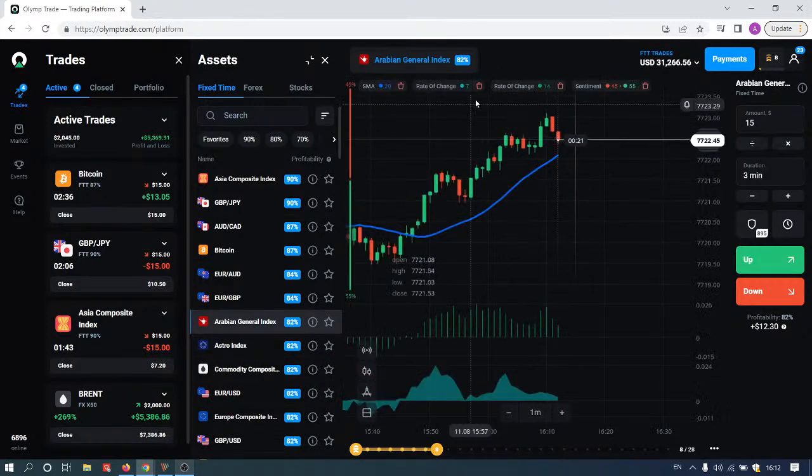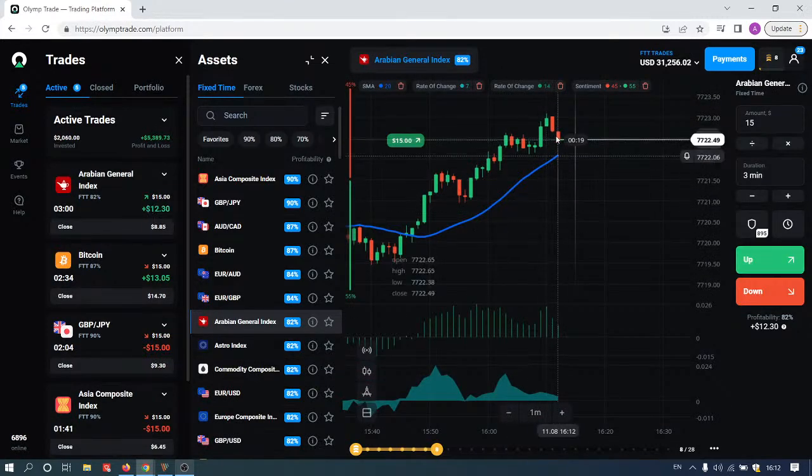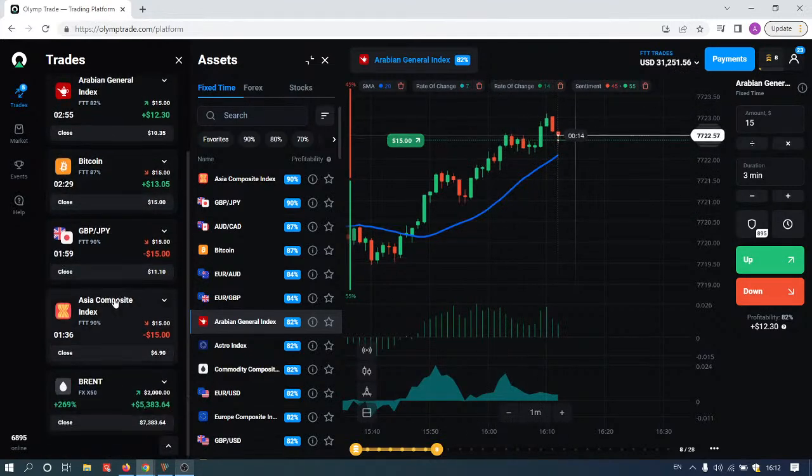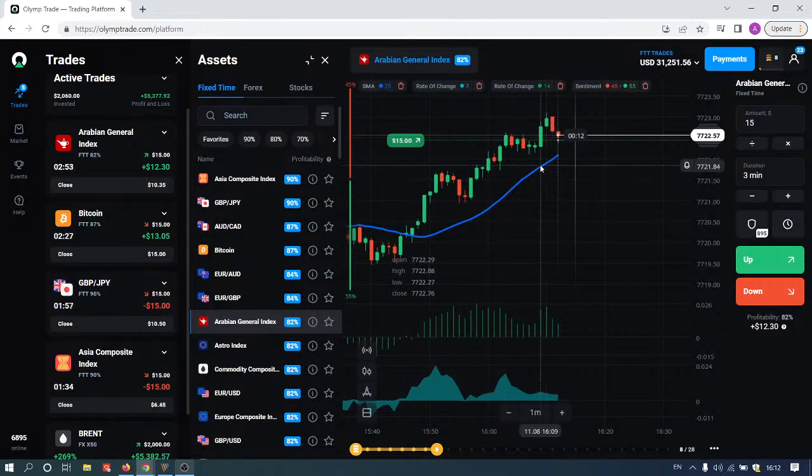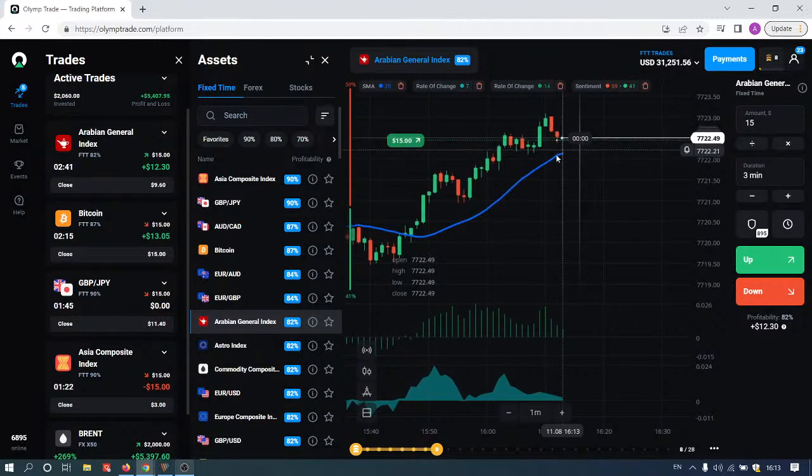And we can try here with the Arabian General Index. This is a cumulative index for the major Arabian assets, which are traded worldwide. And we have three layers of confirmation here once again. We are above the 20 SMA.